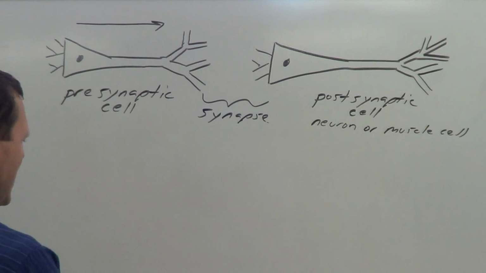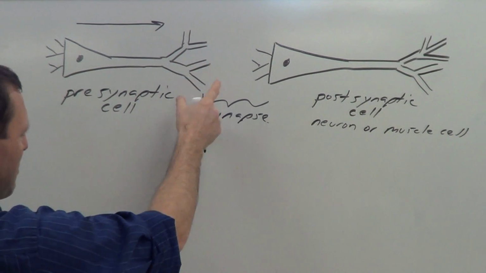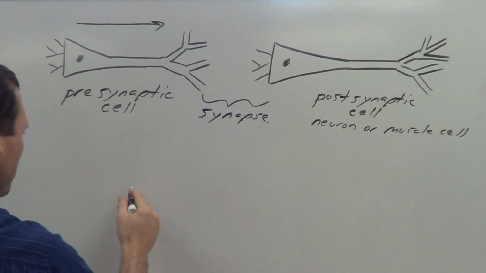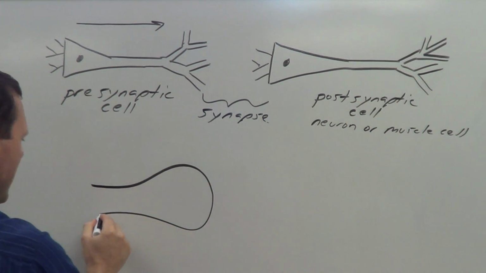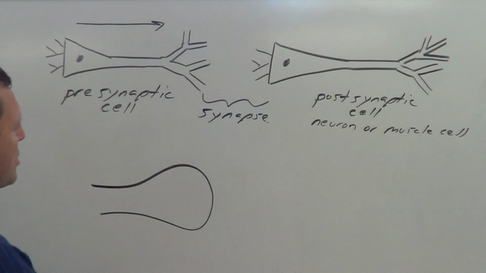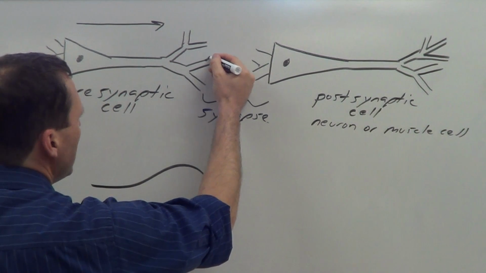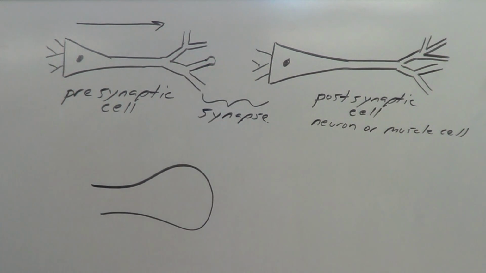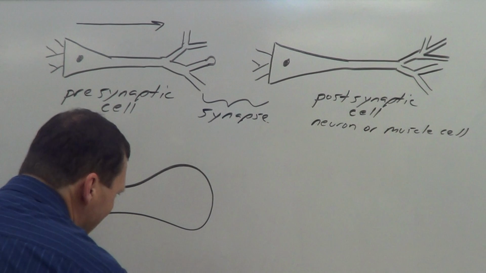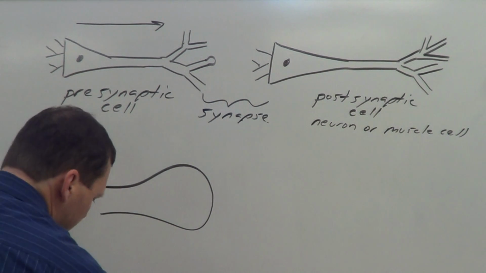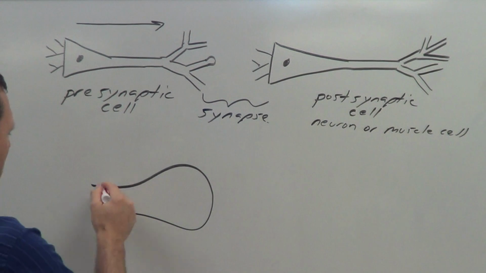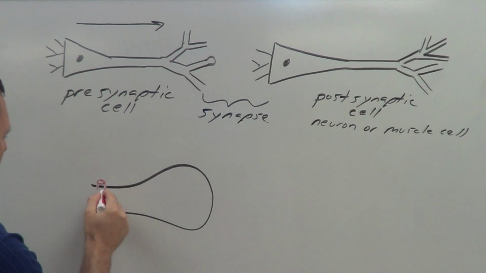I'm going to enlarge this area and draw an axon terminal. That could be this right here. And this is going to be our presynaptic cell. Now, in an action potential, you're going to have various proteins.